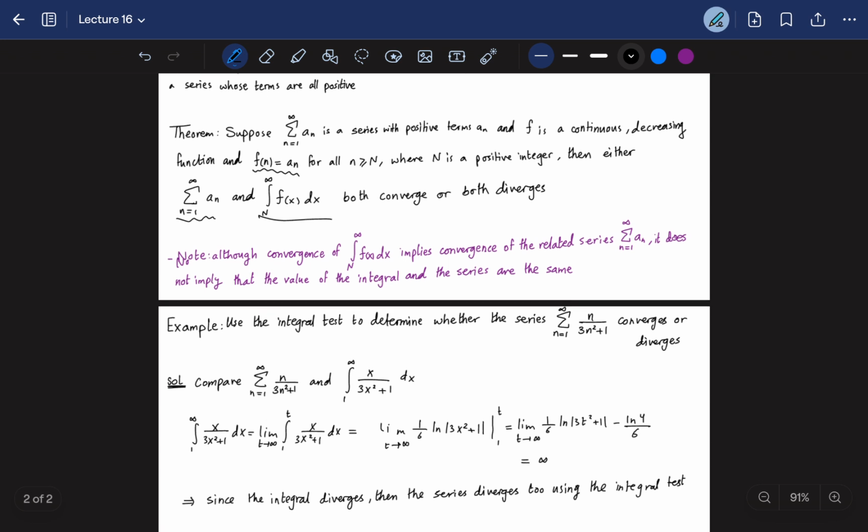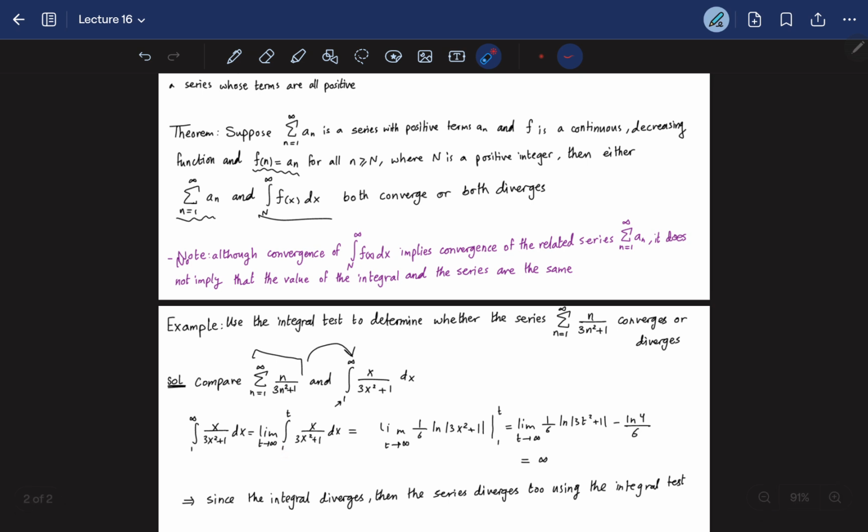So let's try this series. We want to determine whether this series converges or diverges using the integral test. Using the integral test, I'm going to compare this infinite series to this improper integral. Let's take N to be 1. It doesn't matter, as long as your function is continuous there. To evaluate an improper integral, I'm going to take the limit as t goes to infinity.